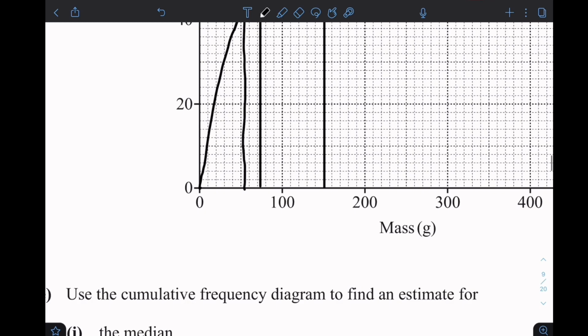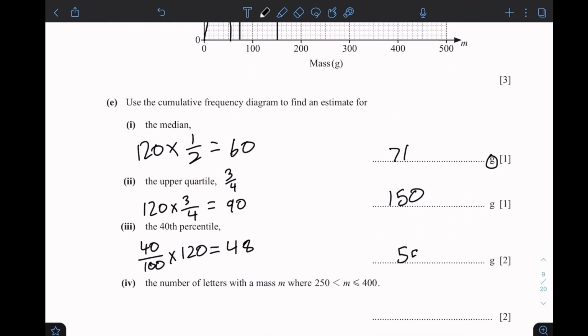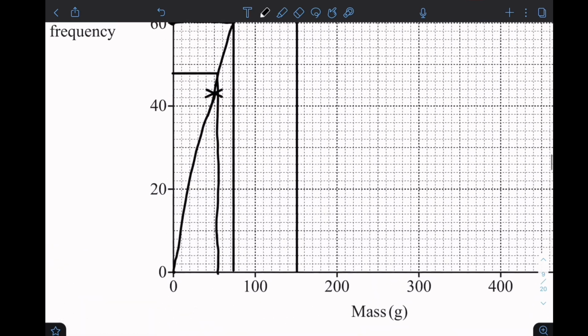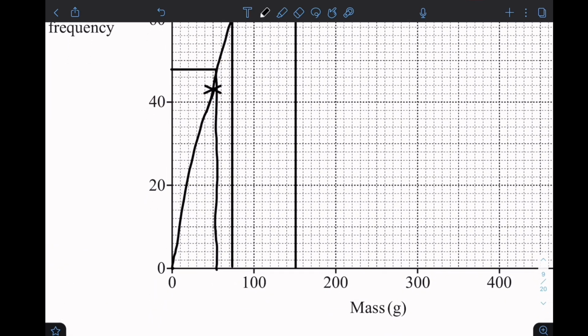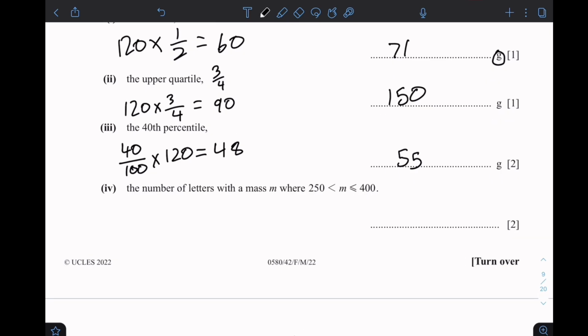So which is approximately 55 grams. Sorry, 50, 60, 70, 80. Yep, it's 55.